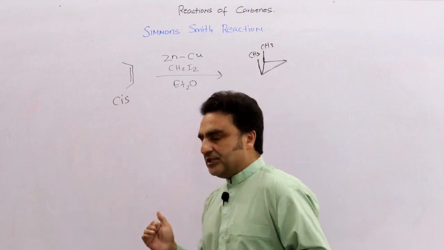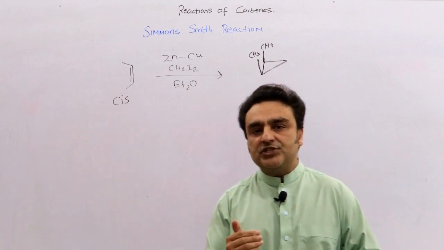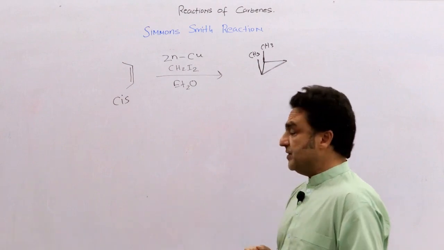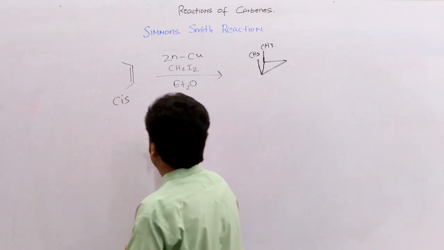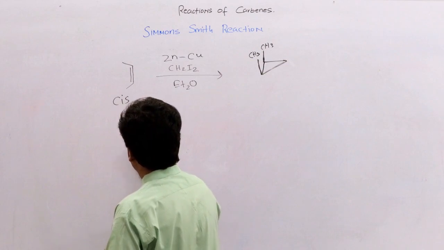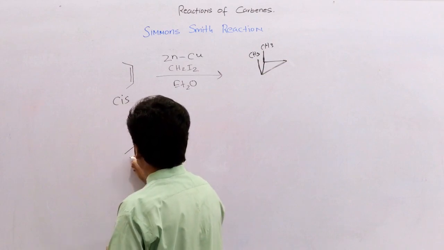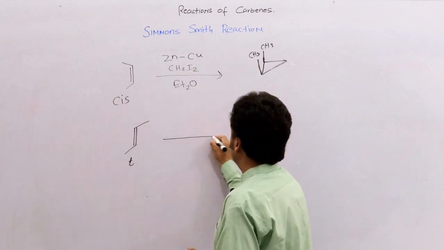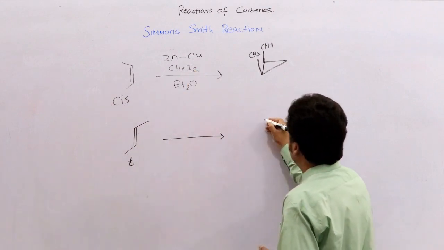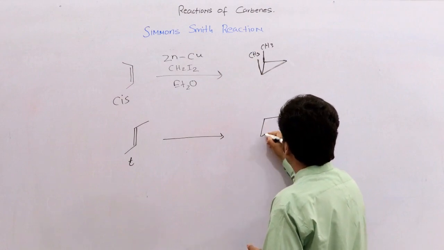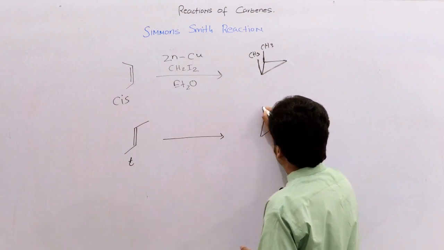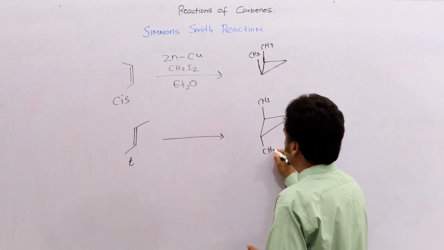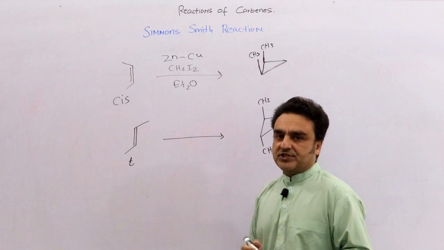So why are we studying this reaction? This reaction has immense importance, and you will come to know right now why it's important. Suppose we take a trans-alkene and place the same reagent into it, what will be the product? It will give us the trans product. Suppose this CH3 is up, now this CH3 is down, keeping the same reagents.